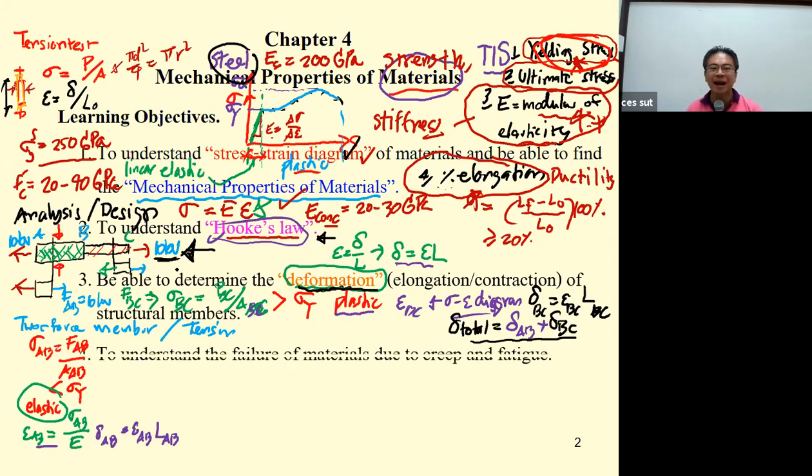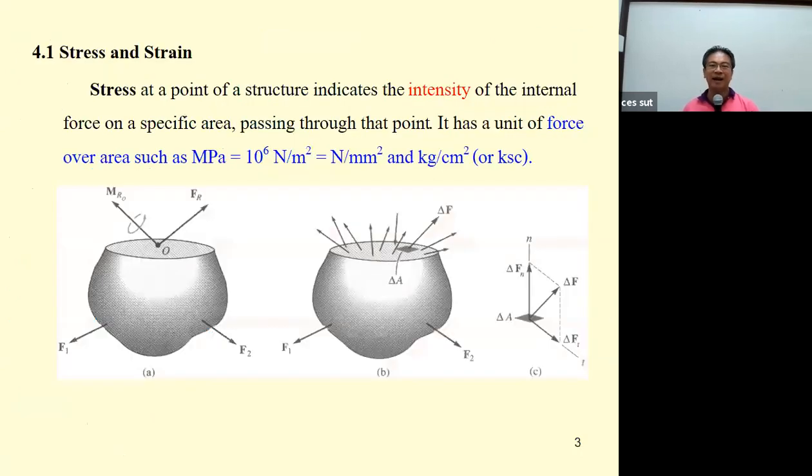Okay. And the last one we will discuss is creep and fatigue. I will talk about that later. Okay, this is the introduction of chapter 4, and I will talk about the details of this later. Okay, come to more detail of this.